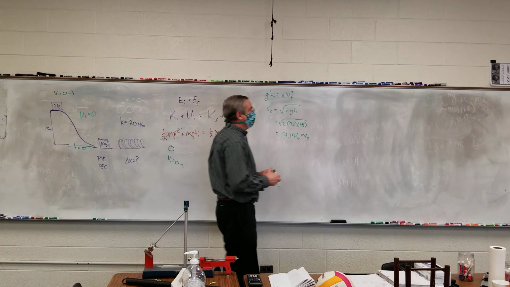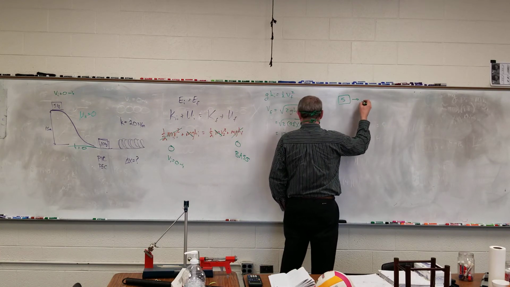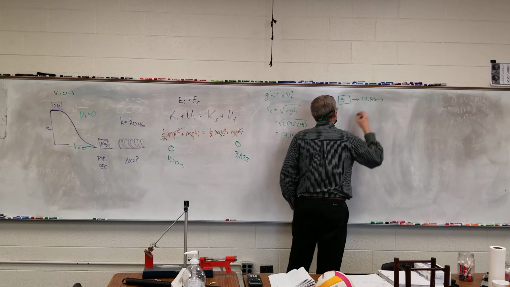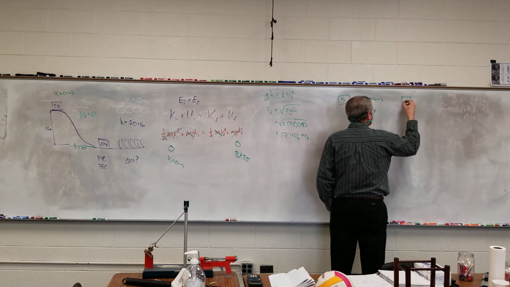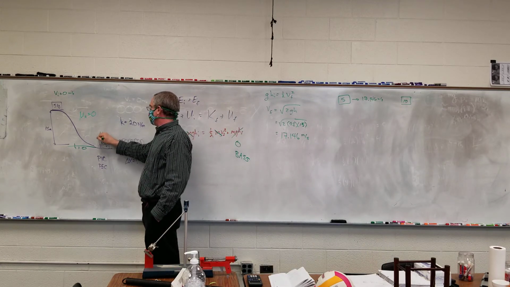So we now have changed this problem into, I have a 5 kilogram mass going to the right at 17.146 meters per second, colliding into a 10 kilogram mass, which I probably should state is initially going at 0.